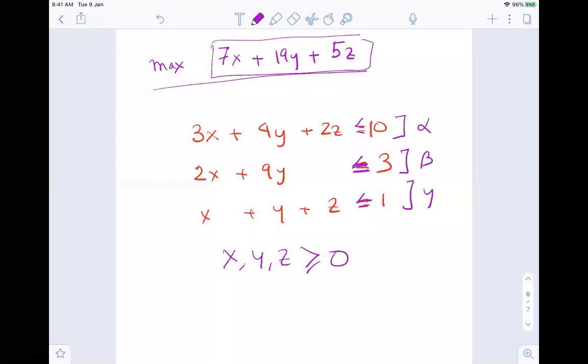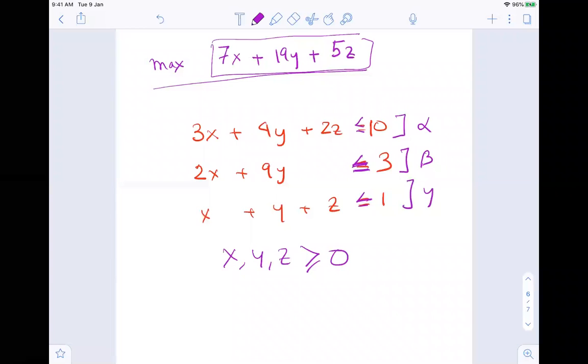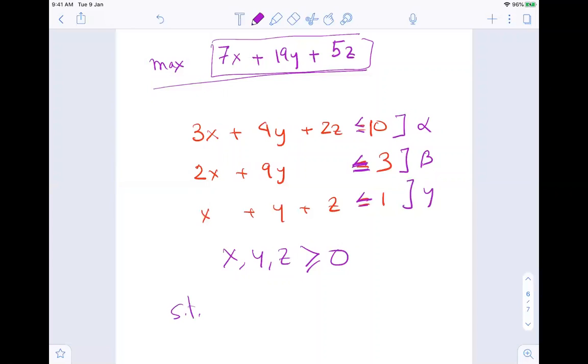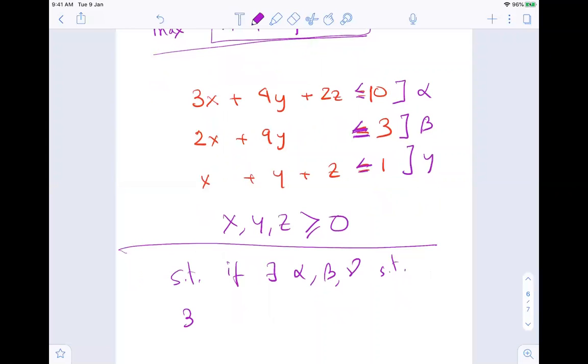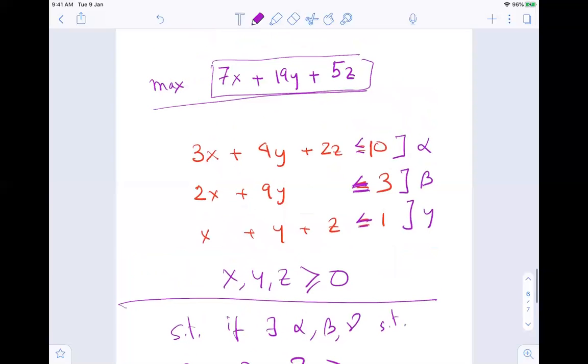I will multiply the first equation by alpha, second equation by beta, third equation by gamma, such that, if there exists alpha, beta, gamma such that 3 alpha plus 2 beta plus gamma is more than 7, right?